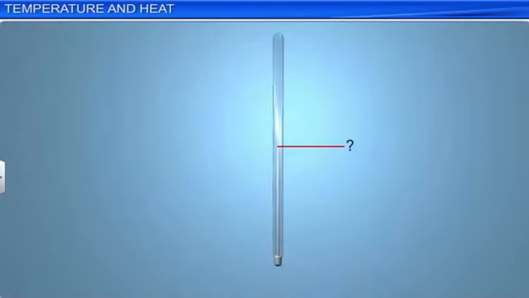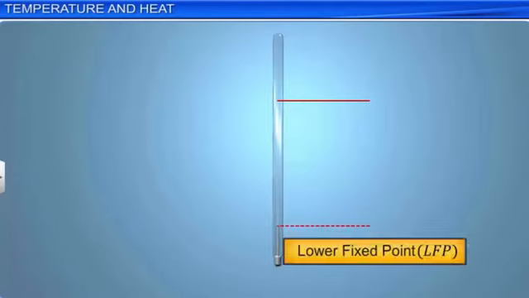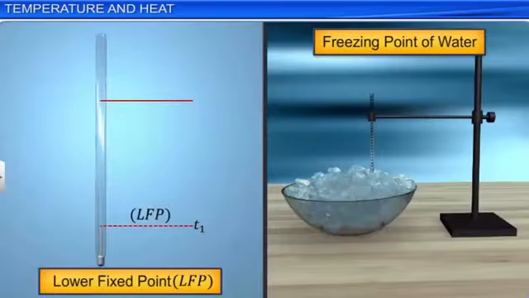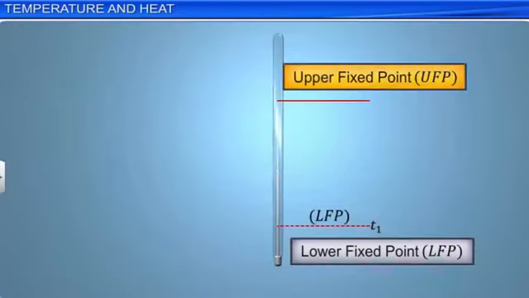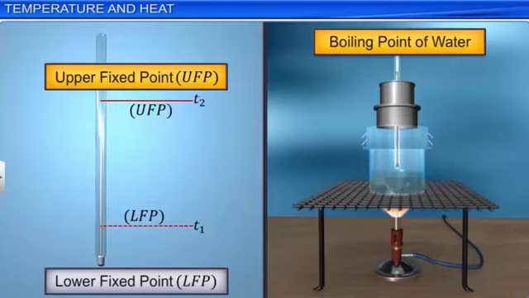To assign a numerical temperature value to a particular length of mercury column in a mercury thermometer, we choose two reference points and assign arbitrary values to them. Among the two reference temperatures, one is considered the lower fixed point, LFP, at T1, which is the freezing point of water, or ice point, and the other one is the upper fixed point, UFP, at T2, which is the boiling point of water or steam point.